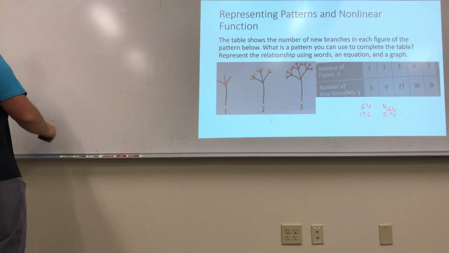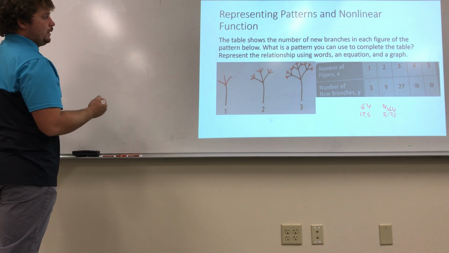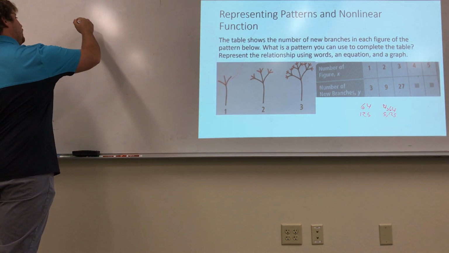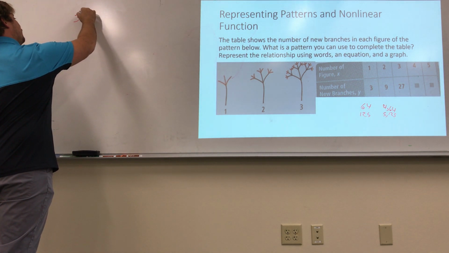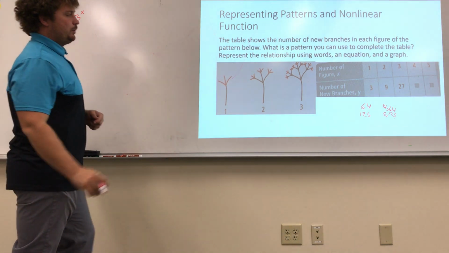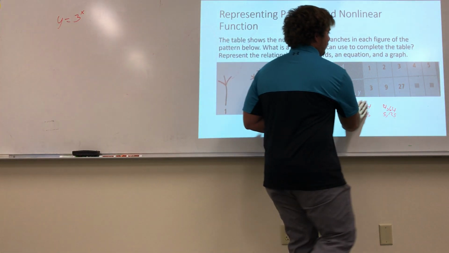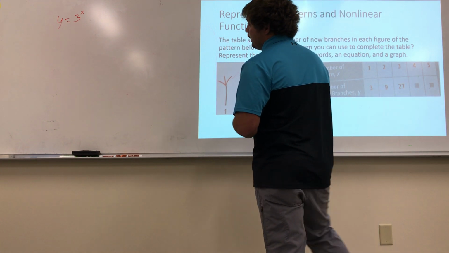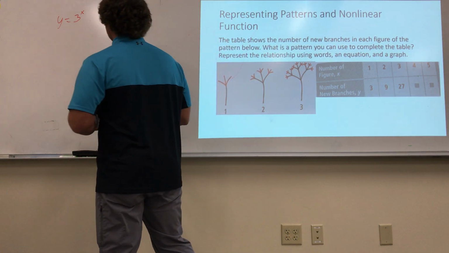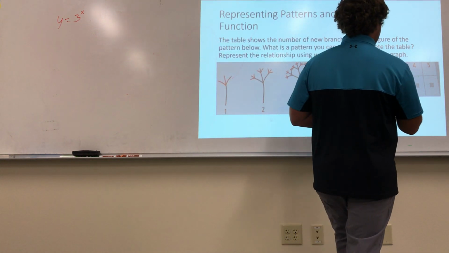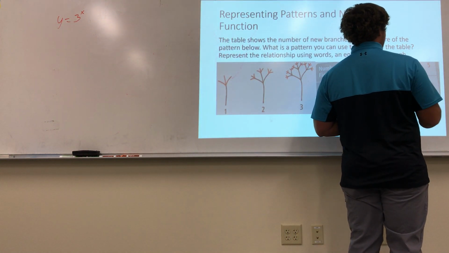Okay, so we get 4, so we're going to get 3 to the x power, and that's going to be my y. Alright, to finish my pattern over here, 3 to the 4th, well that's going to be 3 times 3, which is 9, times another 3 is 27, times another 3, must be about 81.